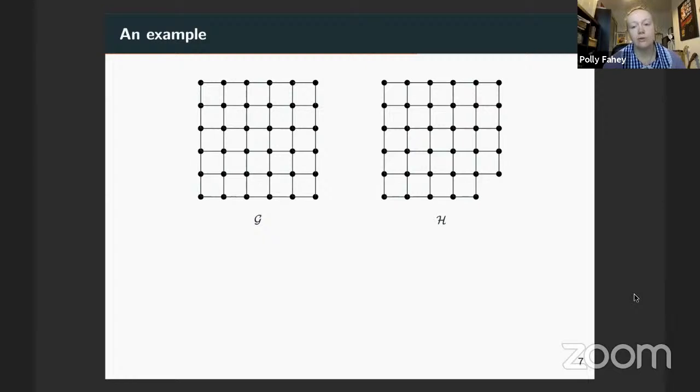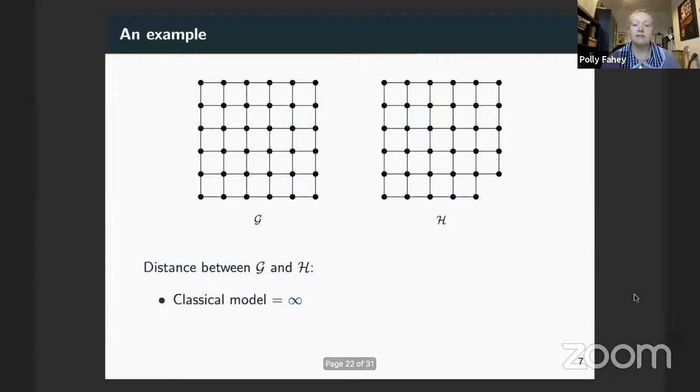Here we've got two graphs, G and H. In the classical model, the distance between these two graphs is infinity because we can't make them isomorphic with only edge modifications because they're on a different number of vertices. Whereas in our model, the distance is 1 because we can just remove a corner vertex from G to obtain a graph which is isomorphic to H.